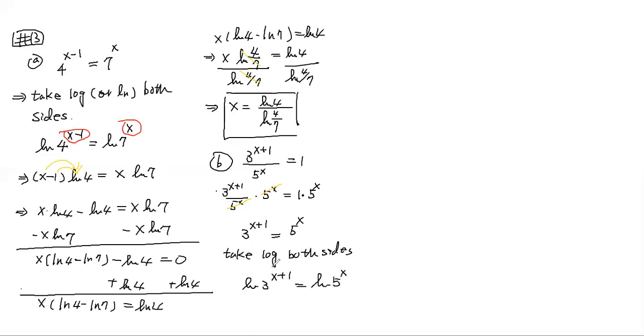And then the same way, you have exponents here, you have exponents here. So then you can move the exponents to the front. So this is (x plus 1) natural log of 3 is equal to x natural log of 5.